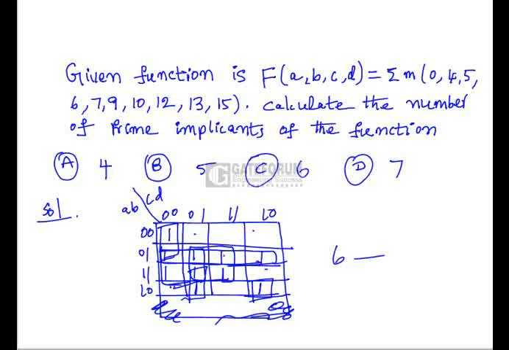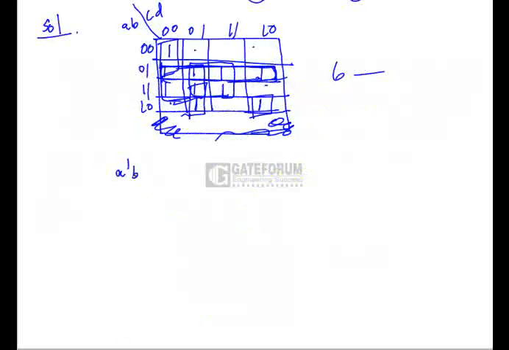We can have the Boolean terms also for these. The first one will be A dash B, that is one term. The other is BD. This is another term. BD is there, A dash B is there. And again, this one, if you take this one, we will get BC dash.